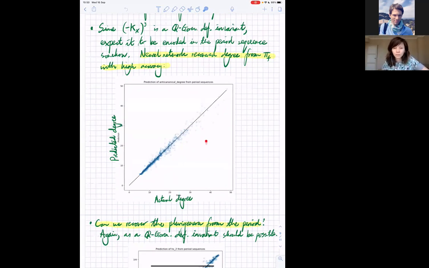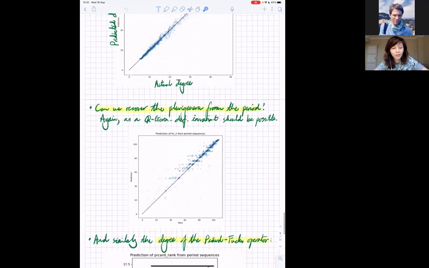You see here in this graph, along the bottom is the actual degree, along the side is the predicted degree from the neural network, given only the period sequence, in fact just the first 15 terms of the period sequence. To a really high degree of accuracy, the neural network is able to tell me what the degree of the corresponding Fano threefold is. I think one expects that one would be able to do this, but I don't have the foggiest idea how you actually do it.